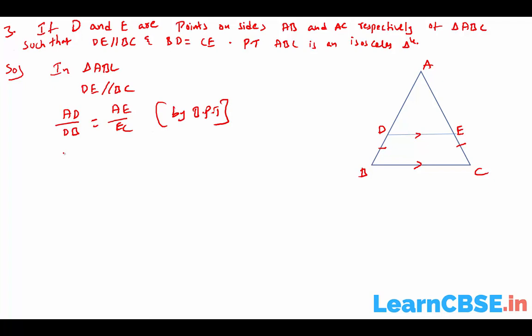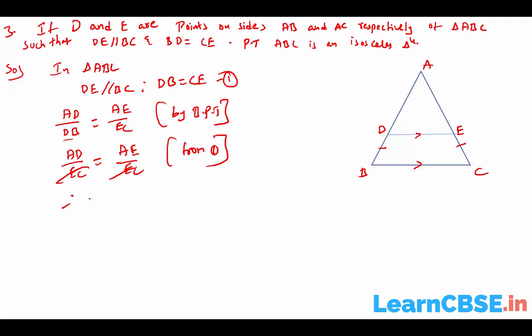Now also given DB equals CE. That means in place of DB I can write EC. So AD by EC equals AE by EC, from 1. Now these cancel. Therefore AD equals AE.